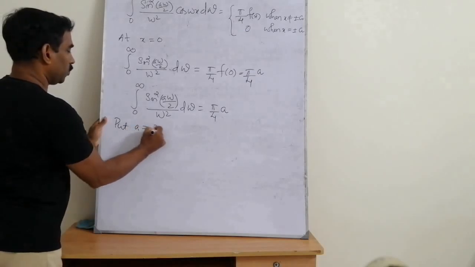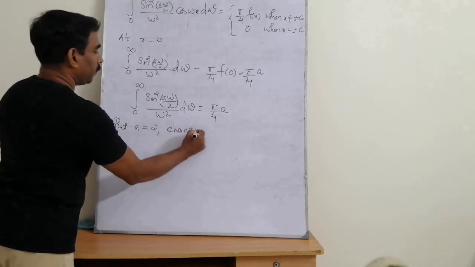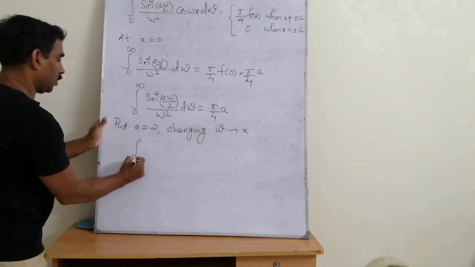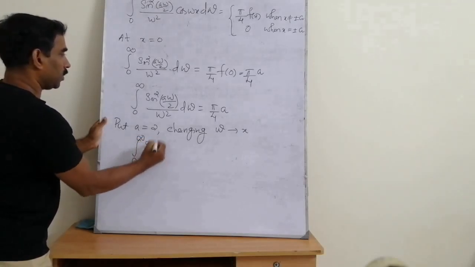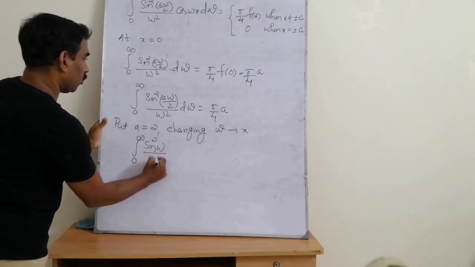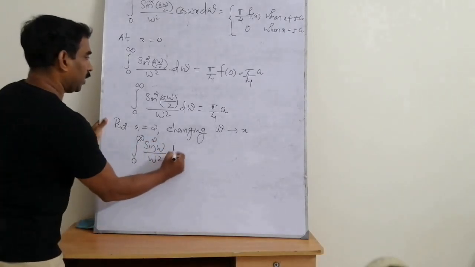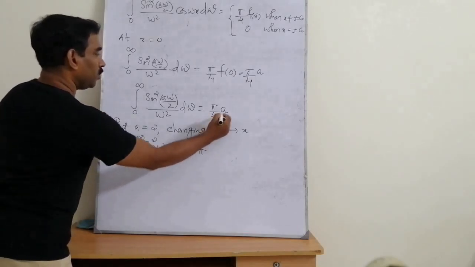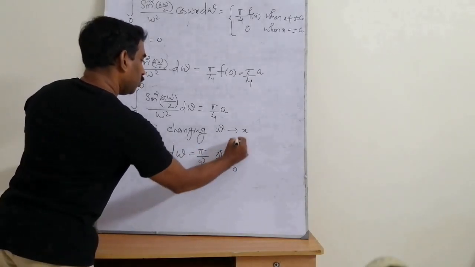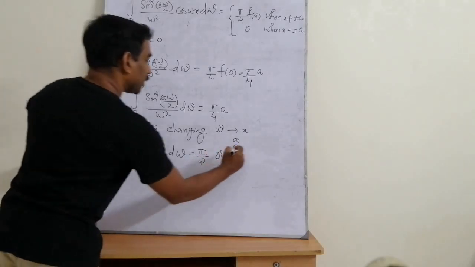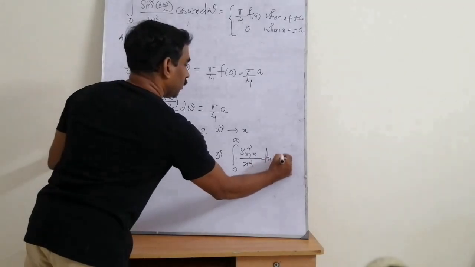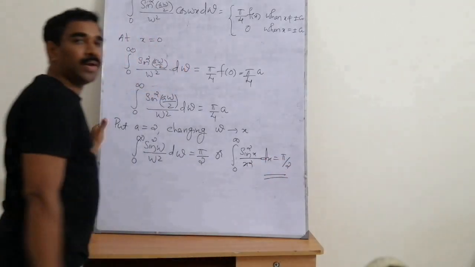Putting a equal to 2 and changing the dummy variable omega to x, we get integral 0 to infinity sin square omega by omega square d omega is equal to pi by 4 into 2, that is pi by 2, or integral 0 to infinity sin square x by x square dx is equal to pi by 2. So this is the value of the required integral.